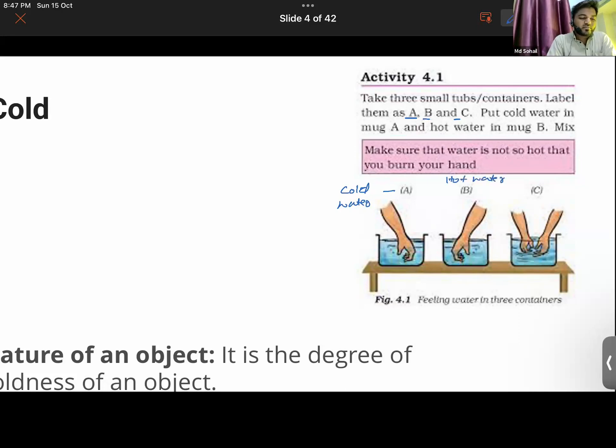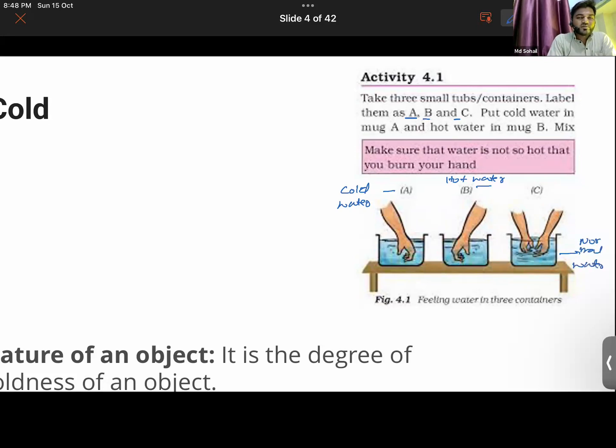And in mug C, you have got lukewarm, normal water. You will put your hand in the cold water first, then put your other hand in the hot water, and then simultaneously put both hands in the normal water.